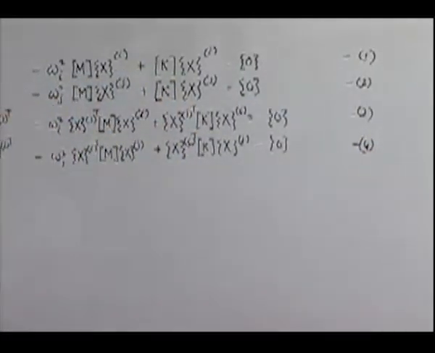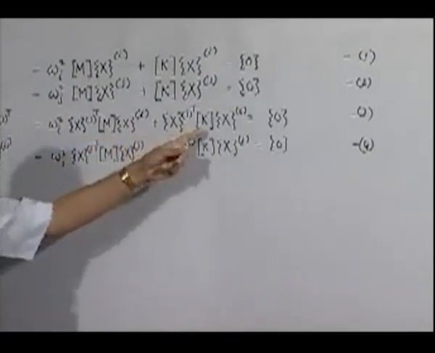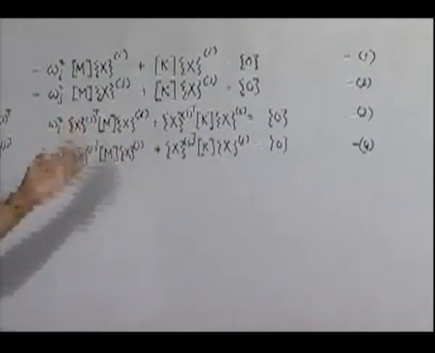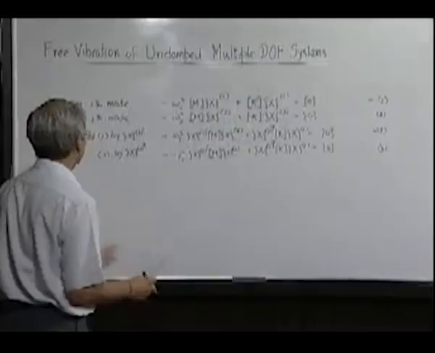Now, it has already been mentioned that M and K are both symmetric matrices. Of course, M is a diagonal matrix, so it is obviously symmetric, but K is definitely a symmetric matrix.